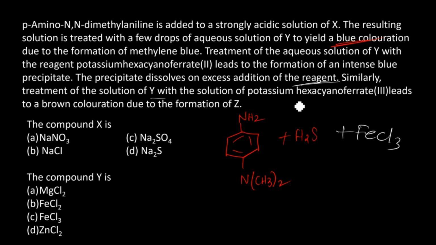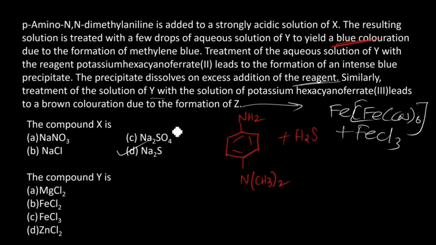Similarly, the treatment of Y with a solution of potassium hexacyanoferrate gives a brown coloration. So Z becomes Fe(CN)6. So that is our Z. So X is, H2S is not given, which means that sulfide must be there.